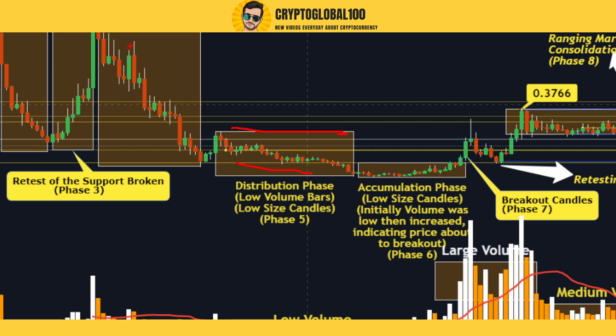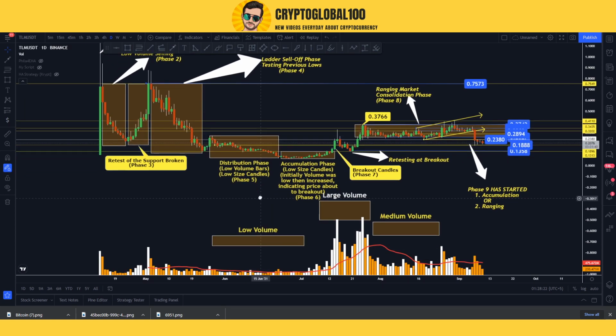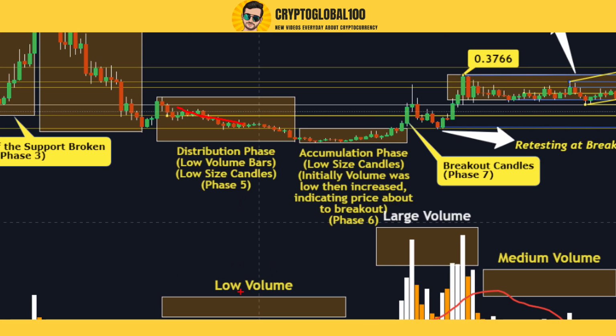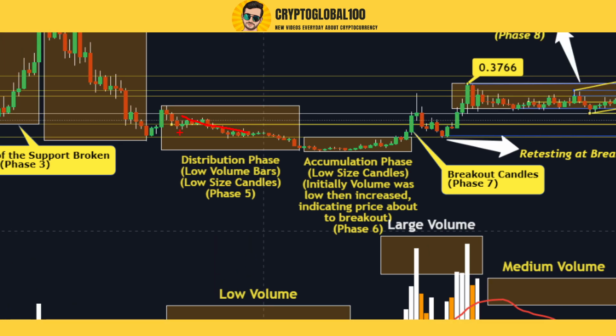Why this is the distribution and why this is not? Reason being, these are huge, large size sell-off candles. You can see large selling pressure. But here distribution means selling in very low volume with very small size candles. You can see the volume was extremely low. If I bring up the chart here, the volume was very low down there, and you can see the distribution here.